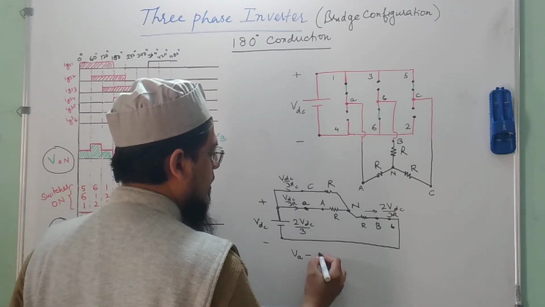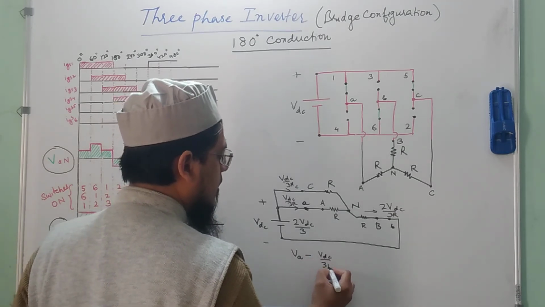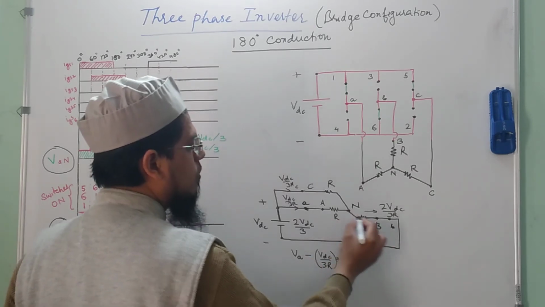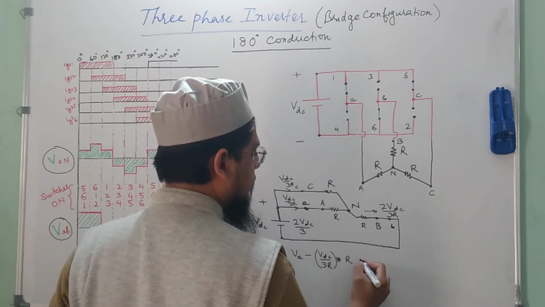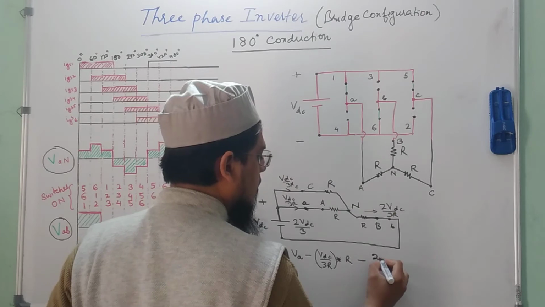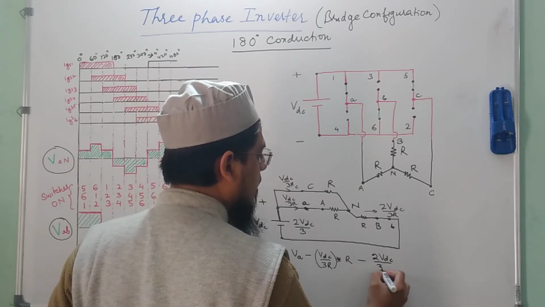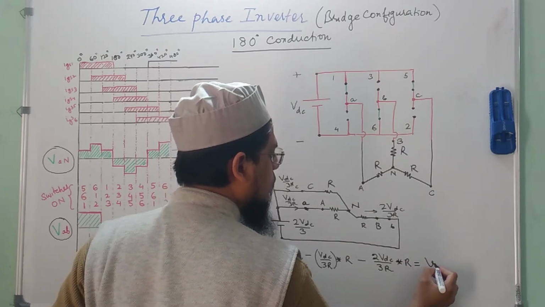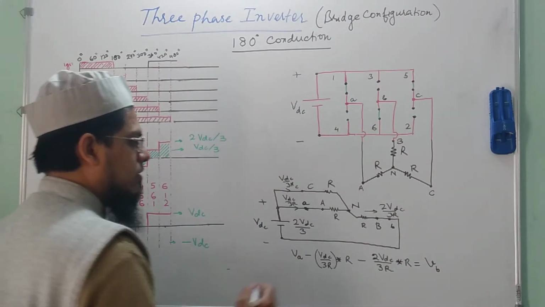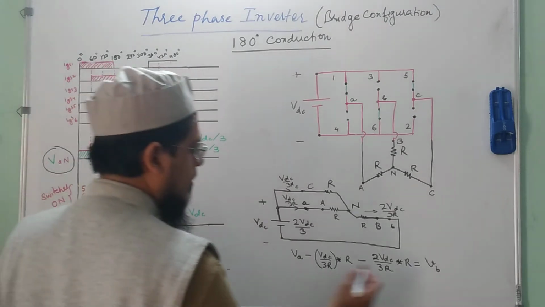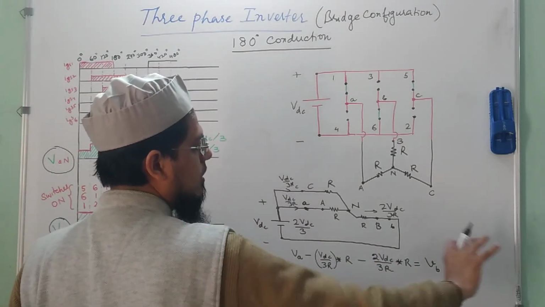So the current that is flowing here is VDC by 3R, and that has to be multiplied by the resistance R, and then the drop here is again minus, and the current is 2 VDC by 3R. This has to be multiplied by R, and then this equals VB. So that means let me bring this VB this side and the rest of the thing on the right side.